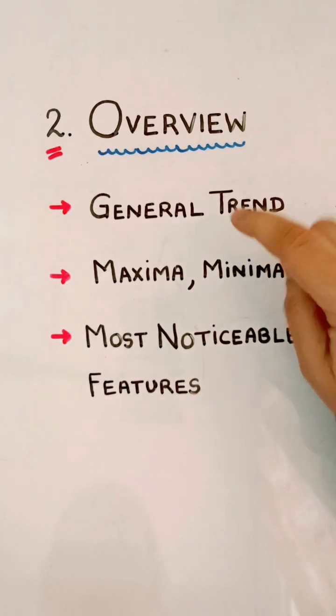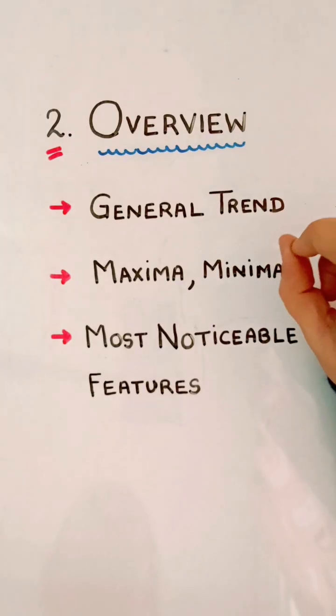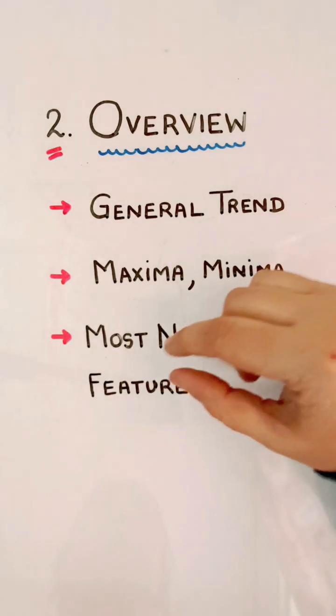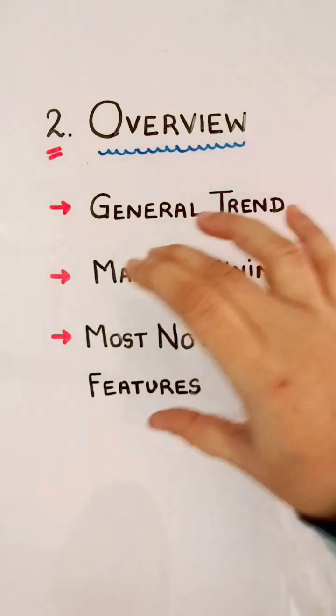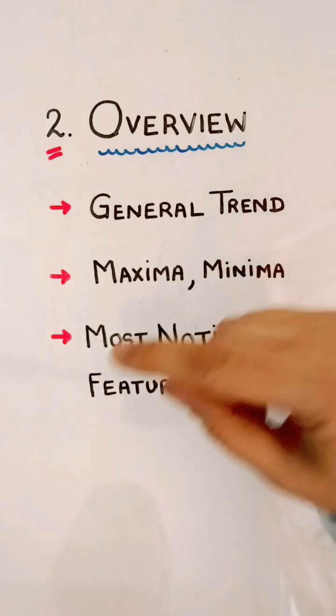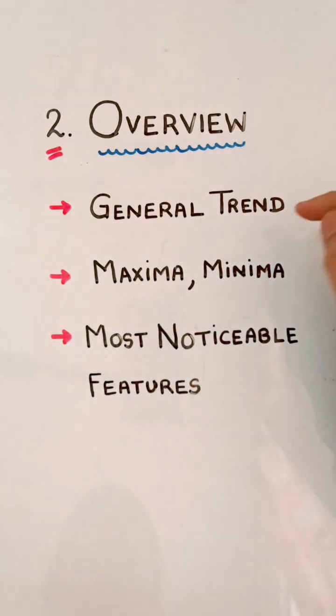First is general trend. That means if it is a graph, whether the graph is increasing in nature, falling in nature, or there is some consistency, stability, or if a chart is given, the values are rising or falling. So this makes your introductory line of the overview.